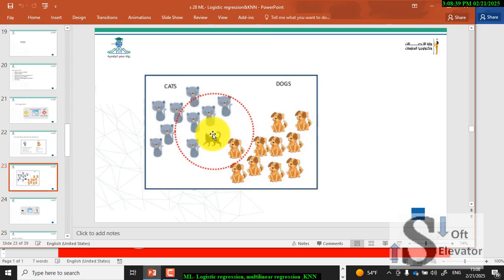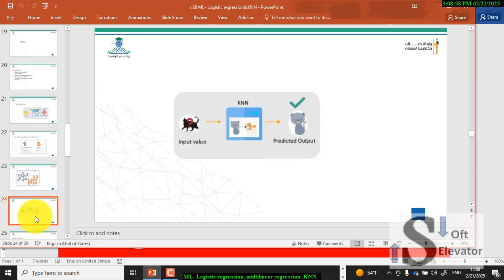So when this cat is near in one feature more than the other, it will go to this side. So this is the input value, and we have here the KNN, the comparison, and the predicted output here.